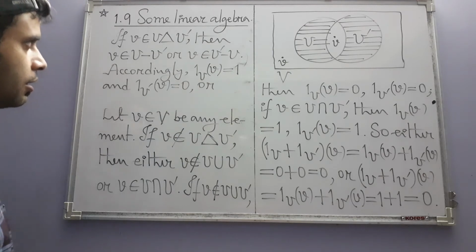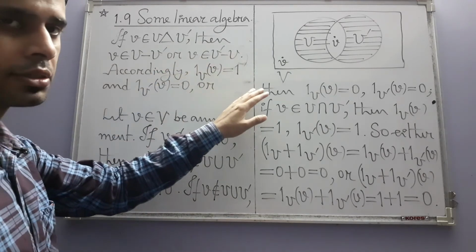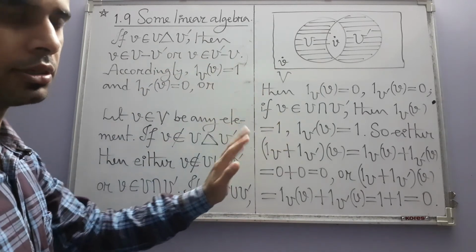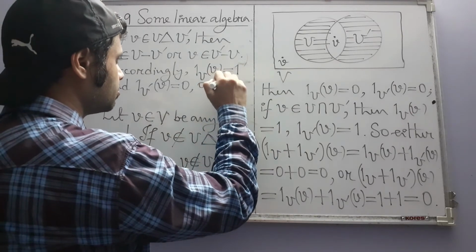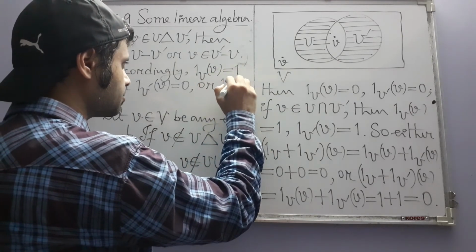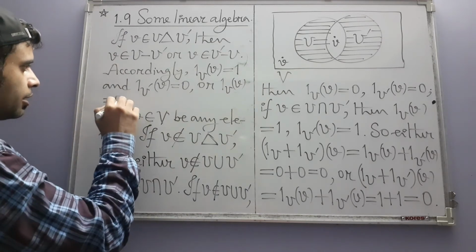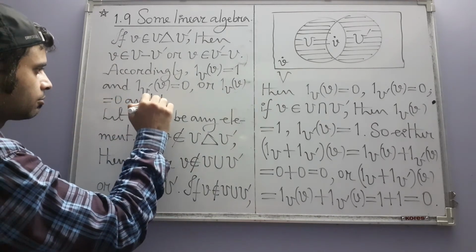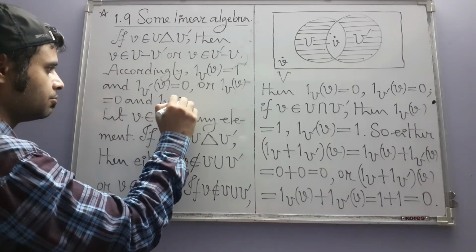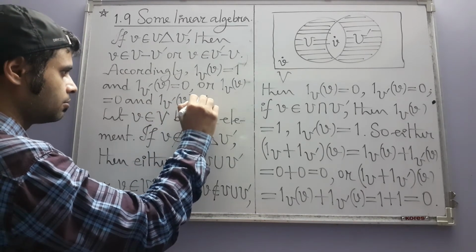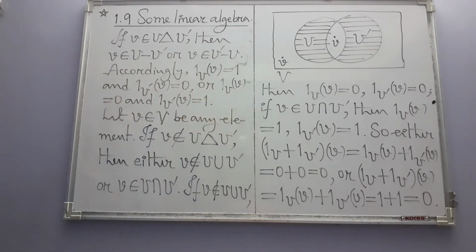Whereas in the other case, where V belongs to U prime minus U, it is in U prime but not in U. So in that case, 1 U V will be equal to 0 and 1 U prime V will be equal to 1.